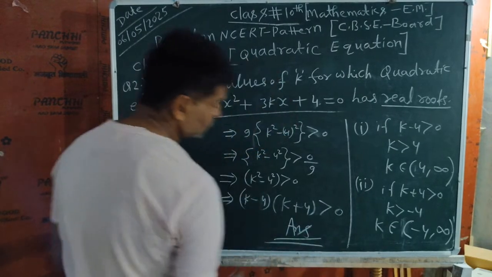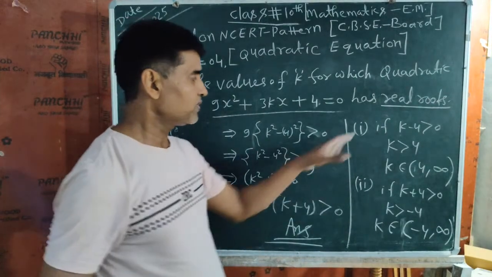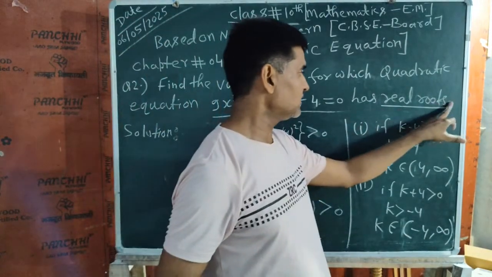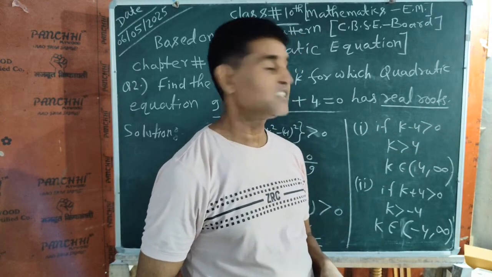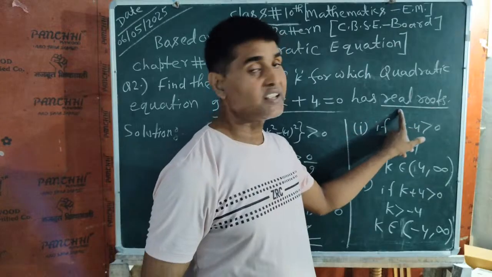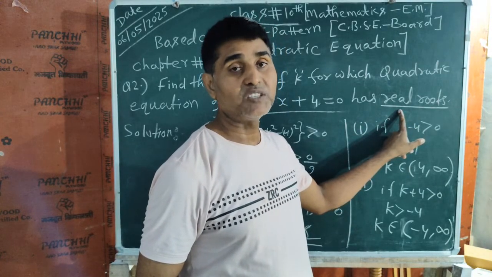So according to this way, the solution of any quadratic equation can be found if there are three conditions, and we have to remember all these three conditions. If roots are real and equal, in this case I will write the value of discriminant is equal to 0.